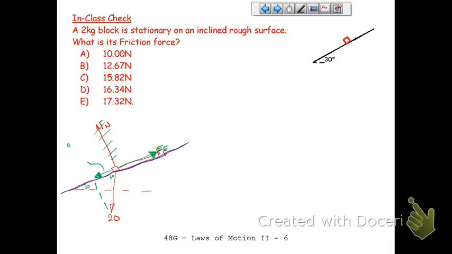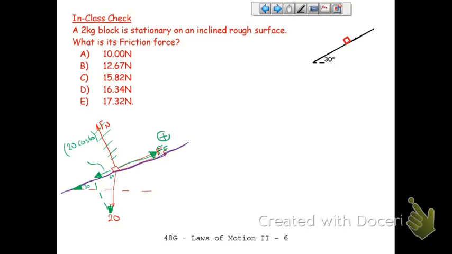This would be 20 cosine 60. I was going to work out the angle down here and say that it would be 20 sine 30, which is the same as 20 cosine 60. I've learned over the period of time that whatever angle I have in that corner is the same angle I have down here. So it's just the sine of it, but that's just familiarity.